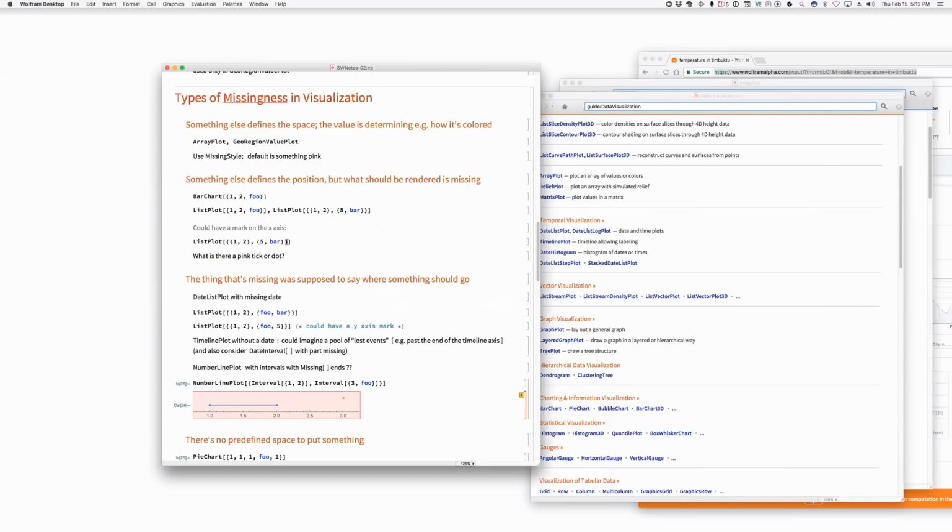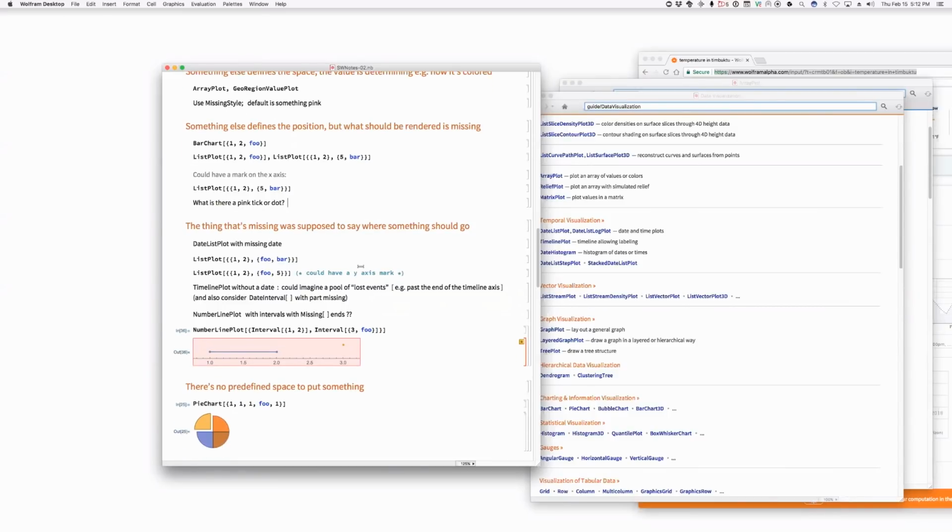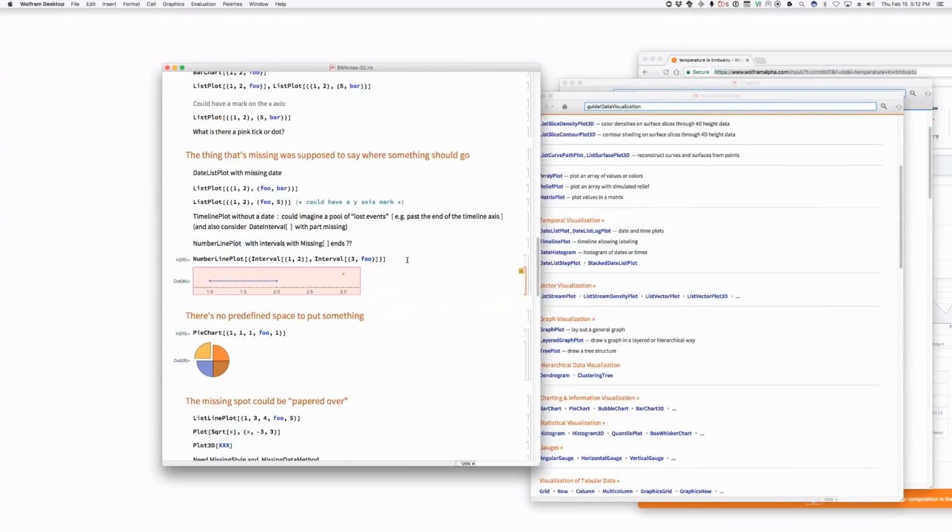So we could have a pink tick on the x-axis. Or we could have a little stalk sticking up from the x-axis. A stem, a little piece of stalk. I can't do the American. Stalk. No, doesn't work. Never learned those phonemes.